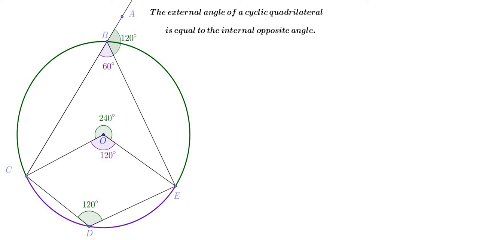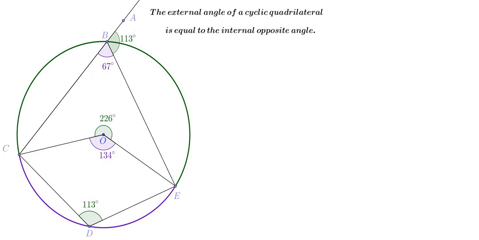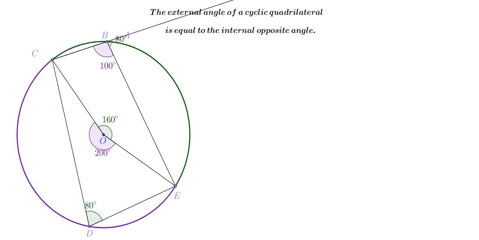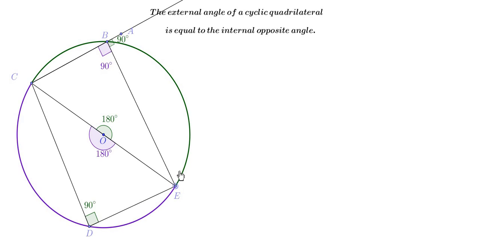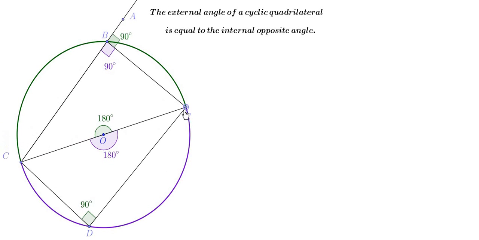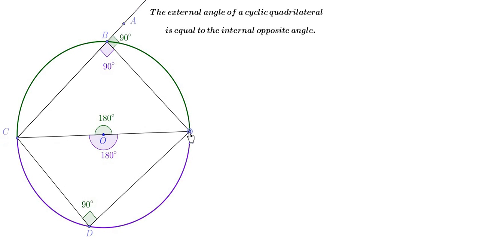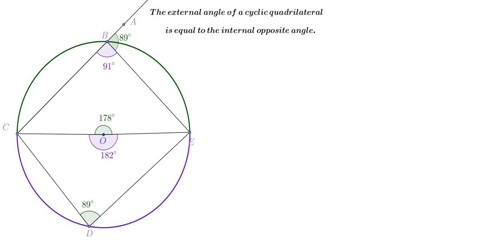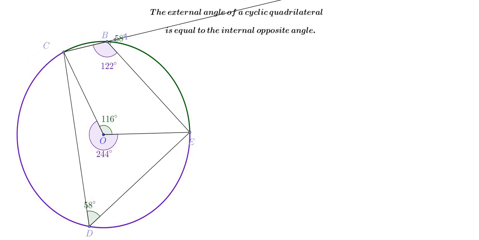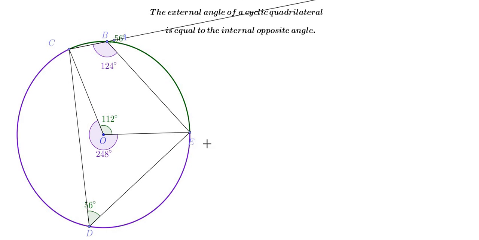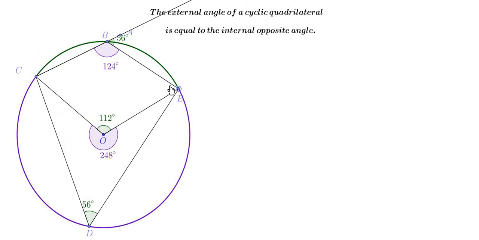Now, as I change one, you'll notice that they all change. I'll move that one around a little bit. This one here I just happened to stop on a perfect 90 degrees, but I can make it go higher. Bring it all the way up to the top, bring this one up a bit too.